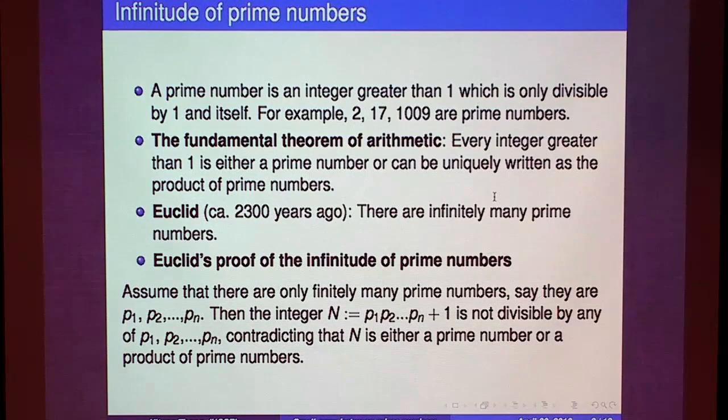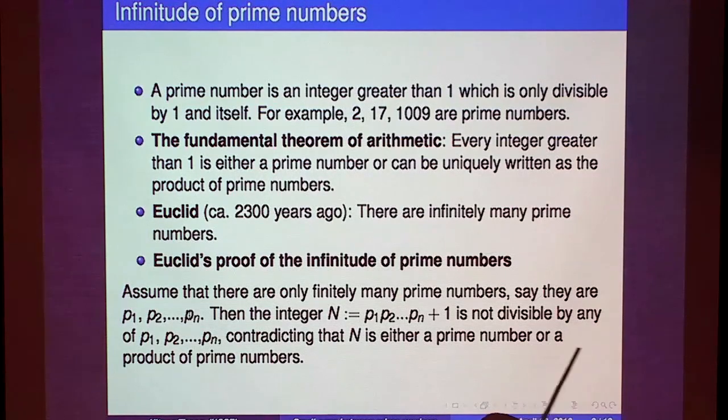So we assume there are only finitely many prime numbers. Then we can give a list. First is P1 equal to 2, second P2 equal to 3, and so on, until the largest one, P sub n.